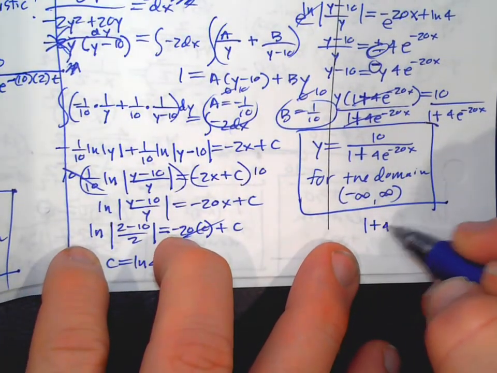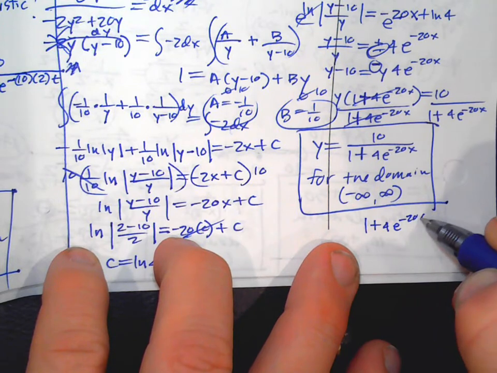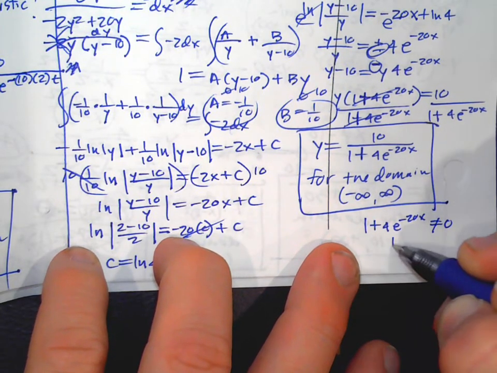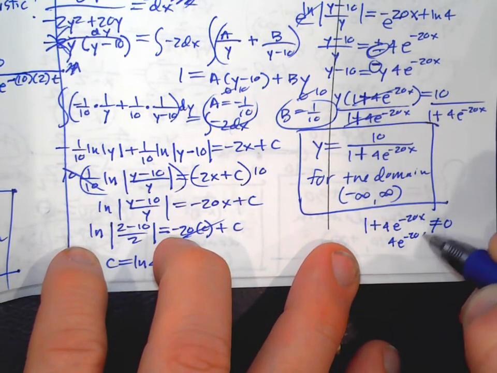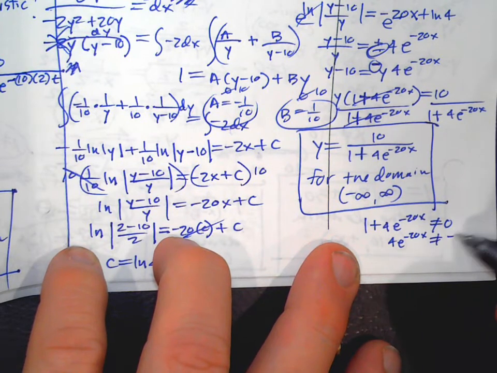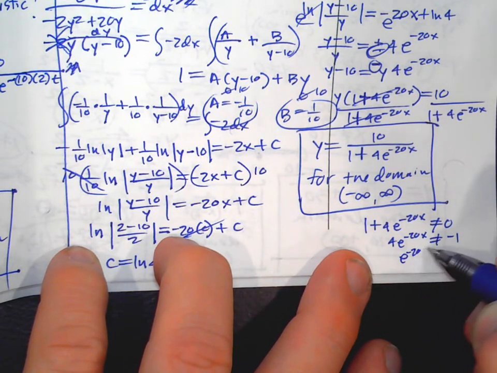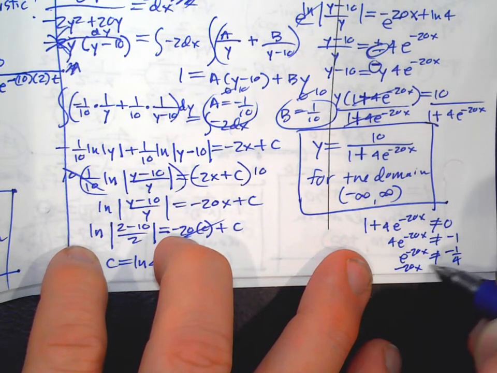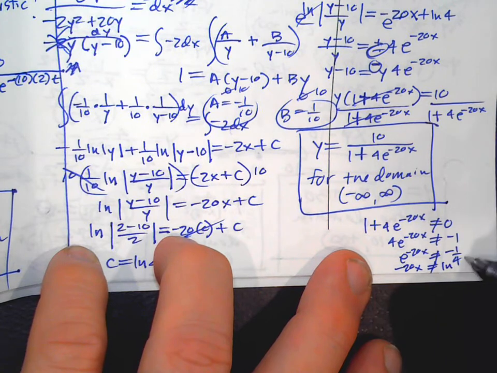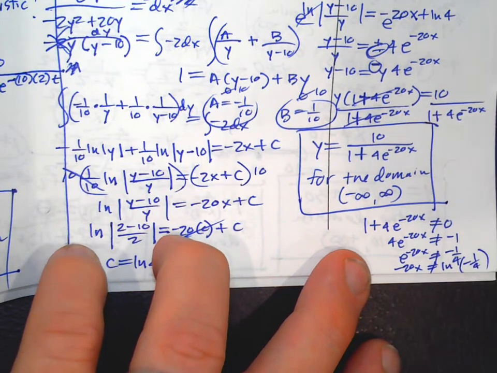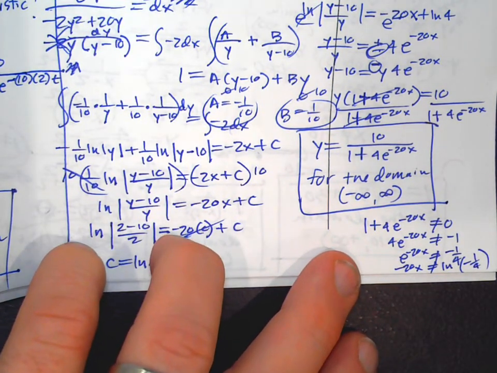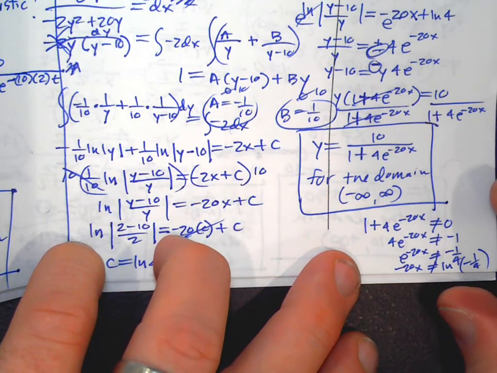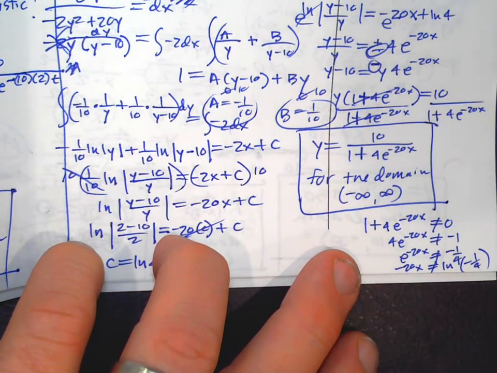See if you can make this equal to 0. Take the natural log of both sides. Well, what's the natural log of negative 1/4? Impossible, undefined, can't happen. There is no solution. There's no way to make that denominator go to 0.